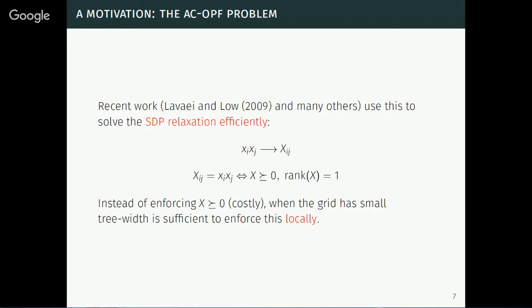But even if you consider that to be easy, in the case of this problem, this matrix is usually huge. So the constraint of this matrix being positive semi-definite is actually costly. So what people have been doing is using this sparsity that I just mentioned in order to chop this matrix into little pieces and just enforce positive semi-definiteness locally.